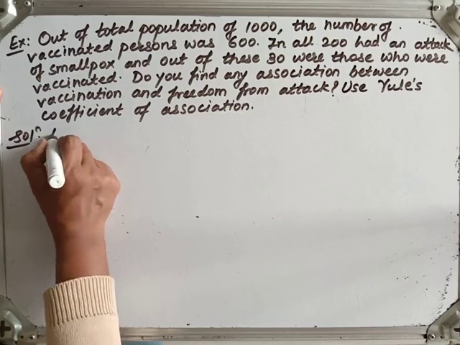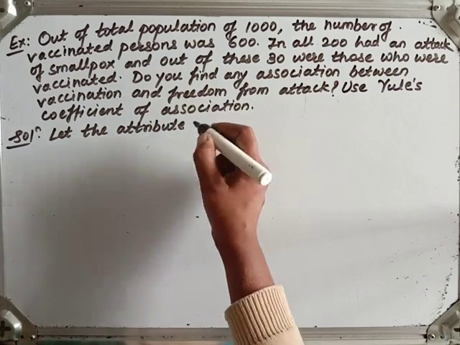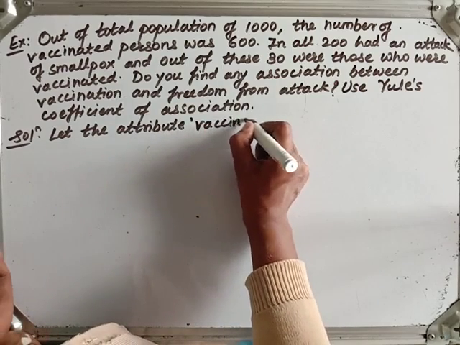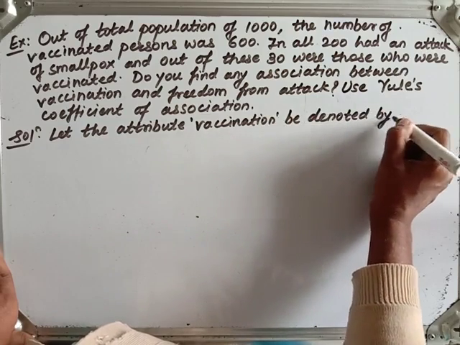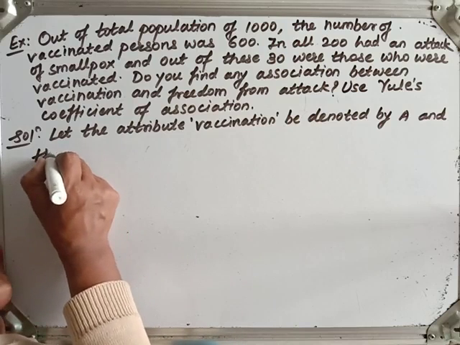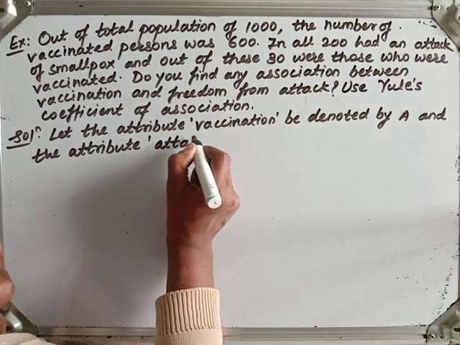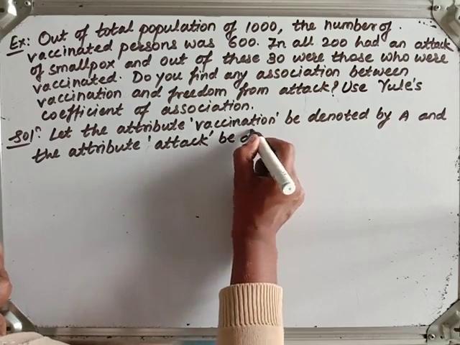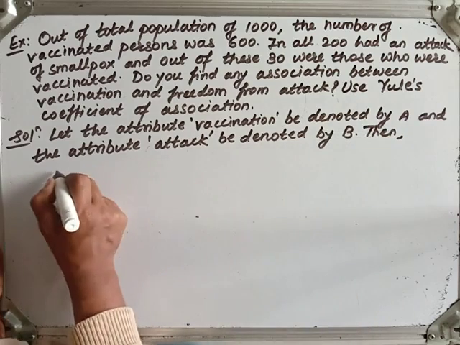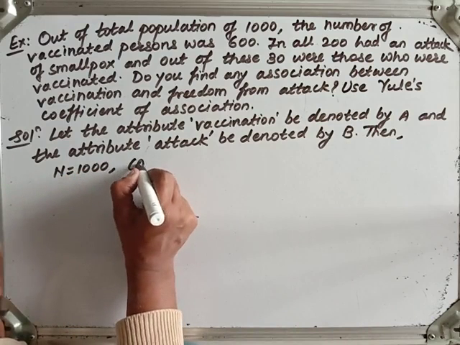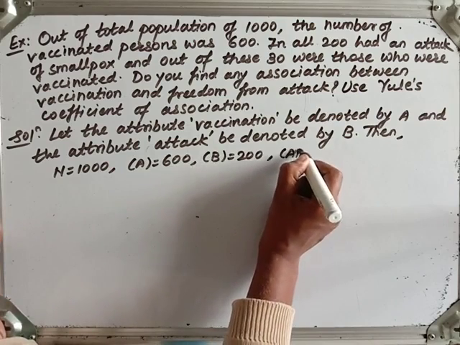Solution: let the attribute vaccination be denoted by A, and the attribute attack be denoted by B. Then N is equal to 1000, A is 600, B is 200, AB is 30.